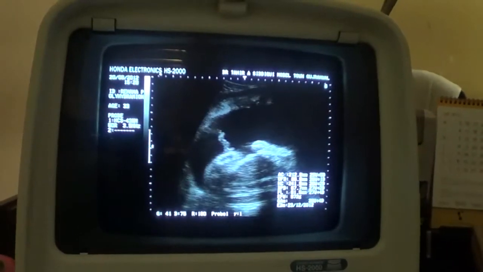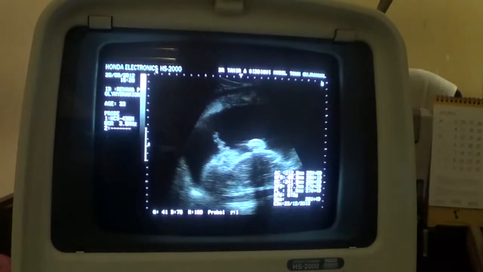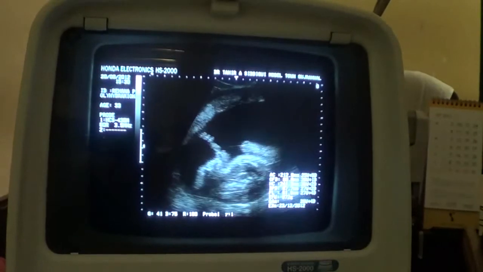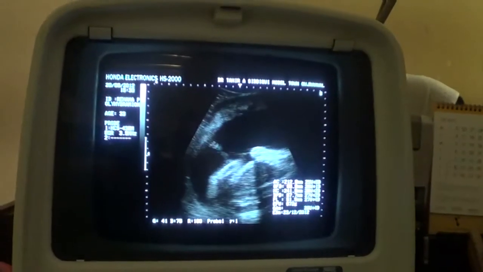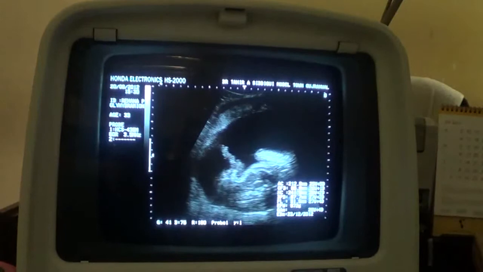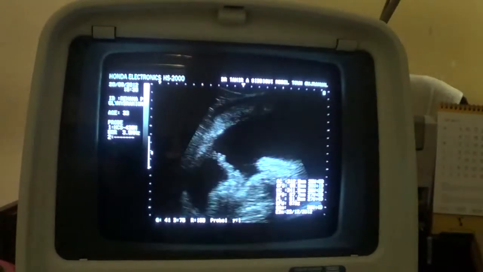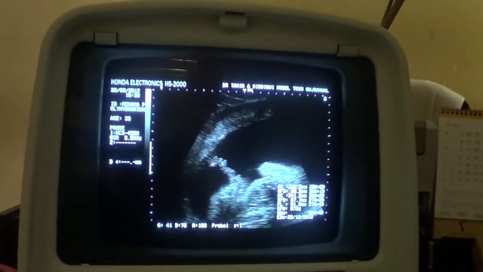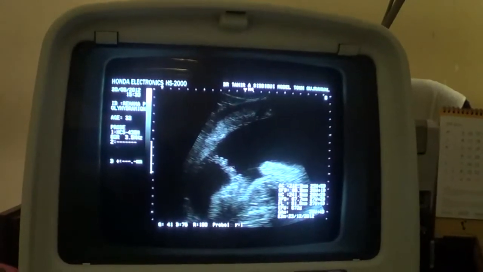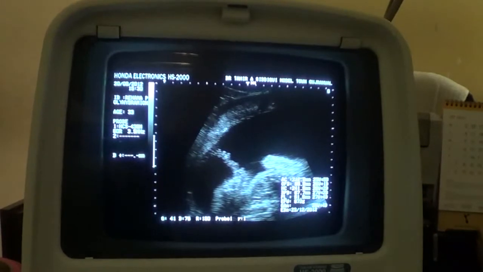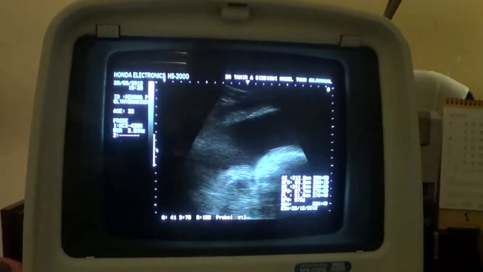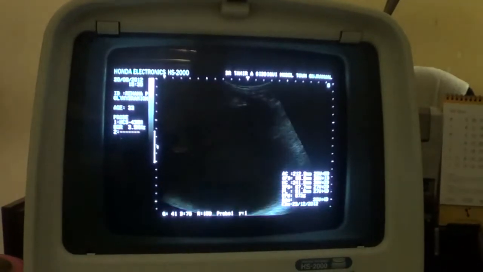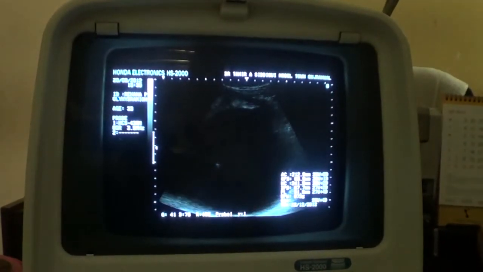Now this is a case of intrauterine fetal demise at 26 weeks gestational age, and the reason is this umbilical cord, which is bead shaped, or has knots, with polyhydramnios. You see, this is the esophagus fluid pocket.